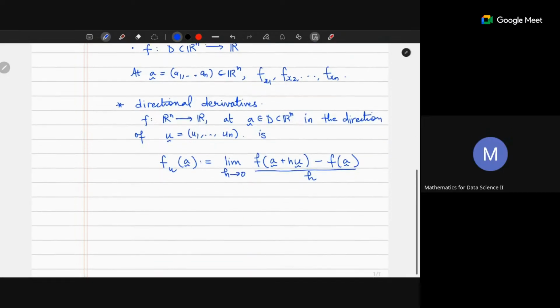And as you can notice here, the term inside, this is a line.